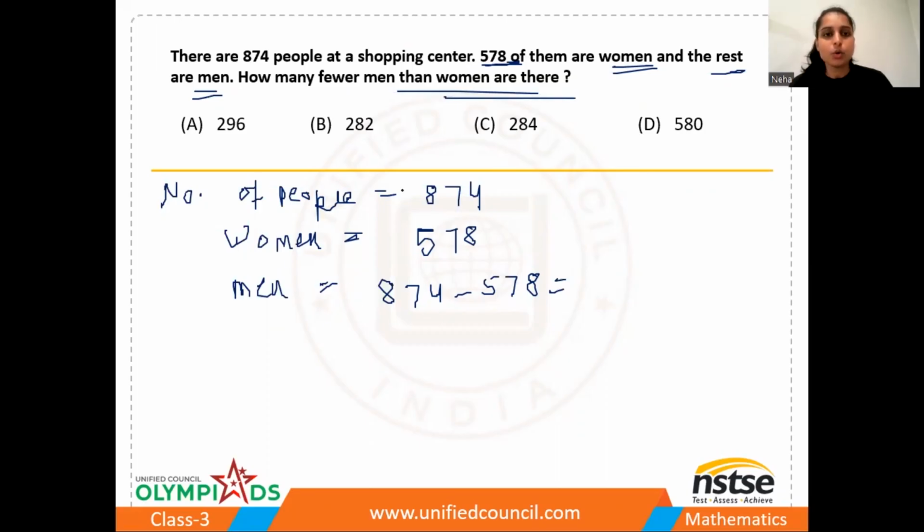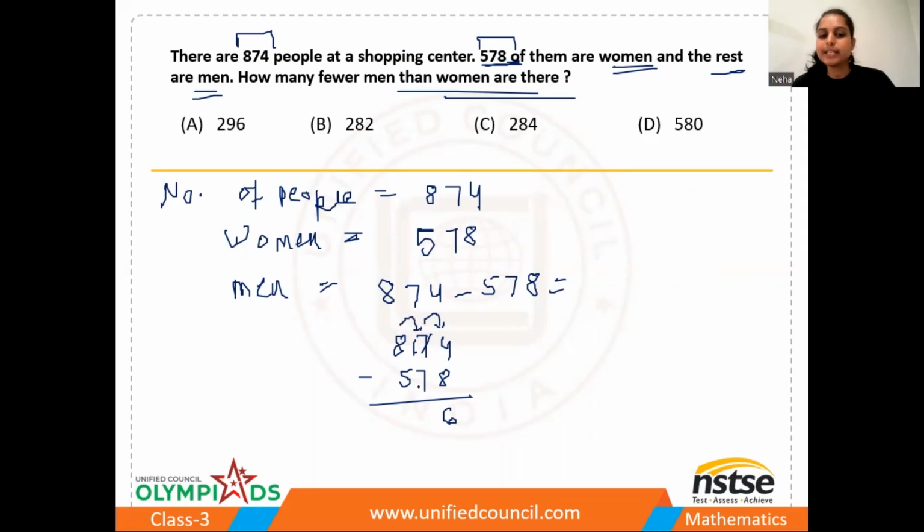So the total number of people is 874. 578 are women. So how many men are there? 874 minus 578. I can say this will take a carry. So it becomes 14, and this is 6. So it will give the carry back, so it becomes 6 again.